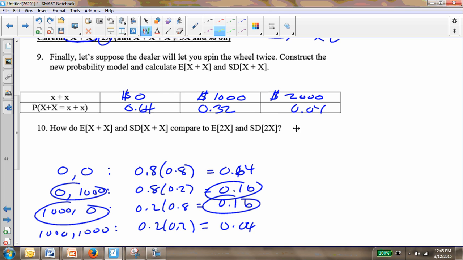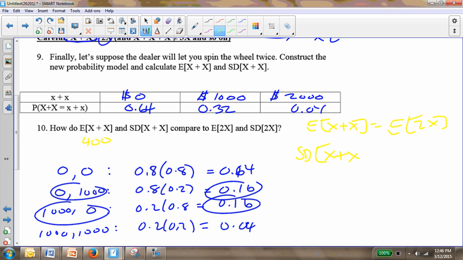Let's see. If you guys go through and do the work, we're just going to figure out that the expected value of x plus x is 400, which is equal to E of 2x. So here it doesn't matter. If we spin the wheel once plus spin the wheel twice, the expected value is going to be the same as if I spin that wheel once and double it. But here's where you've got to be careful. This is a big distinction.